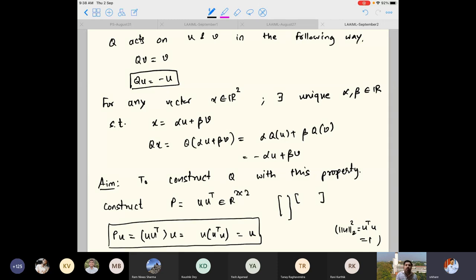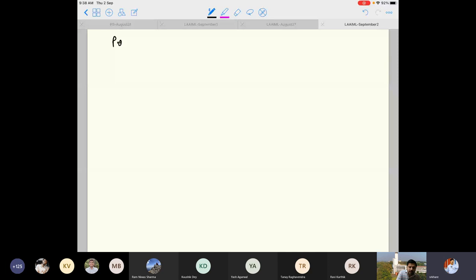Let us see what P is doing to V. What is P doing to V? It's U U transpose V, which is nothing but U times U transpose V. And what is this? This is 0, because U and V are orthogonal.